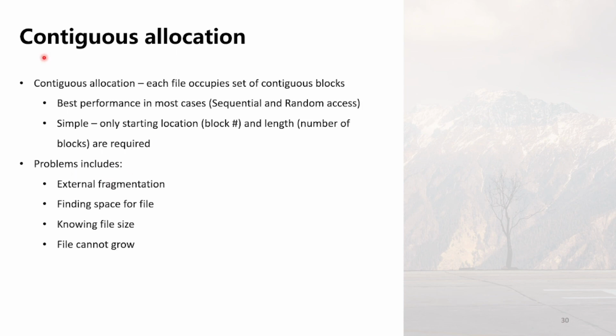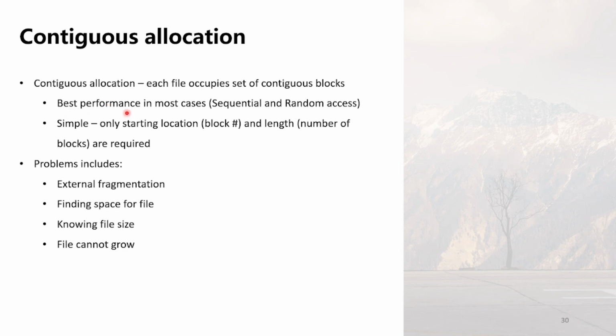The first method of allocation is contiguous allocation. In this method, each file occupies a group of continuous blocks. This way of storage is optimized for file searching because once we know the starting point and the length of the file, we can access the entire file continuously.